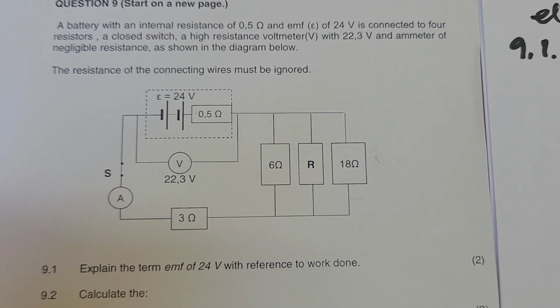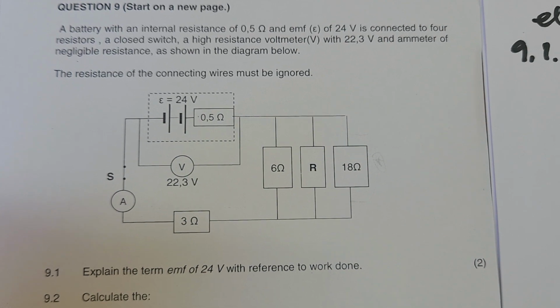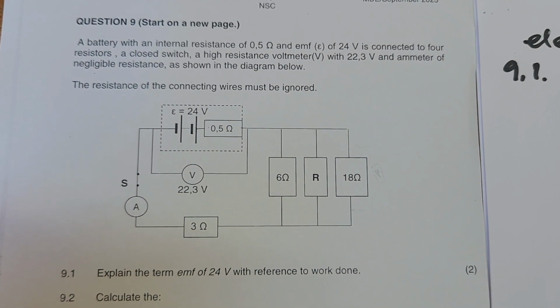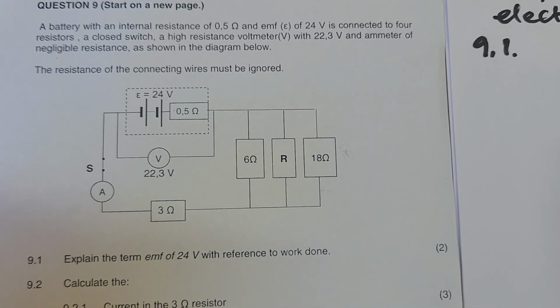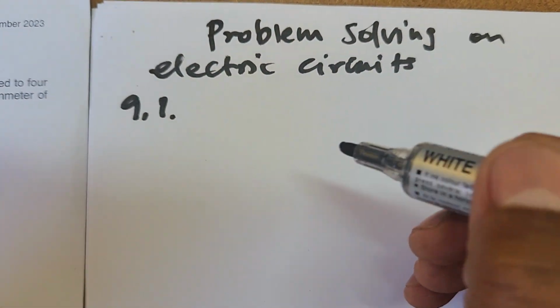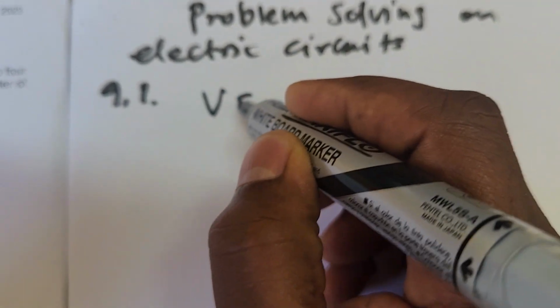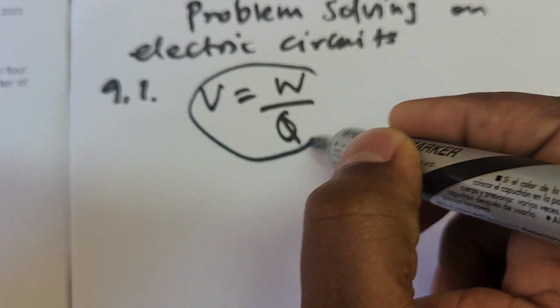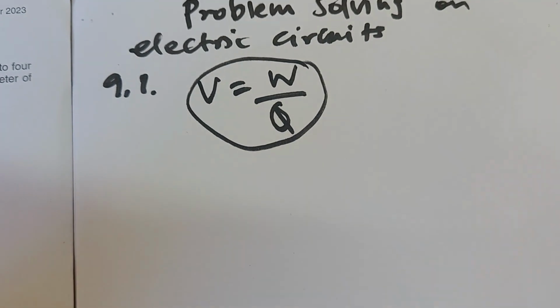Now in this case they say adjust that definition to the work done, and that you must not talk about energy but the work done. We are guided by the formula which helps us in defining the EMF, which is V equals W over Q. This is the formula that we learned since grade 10.